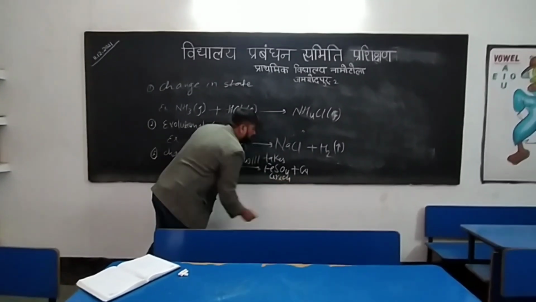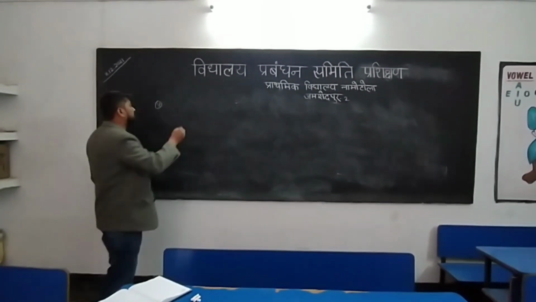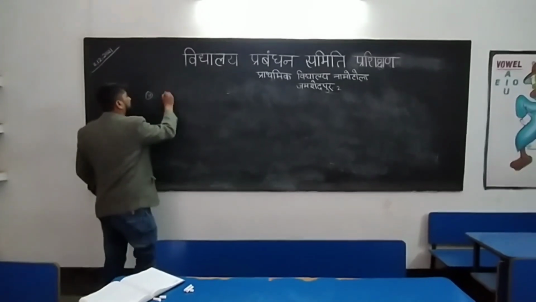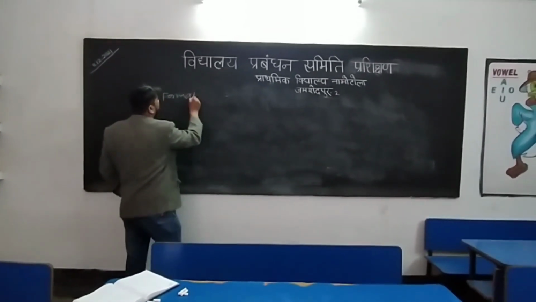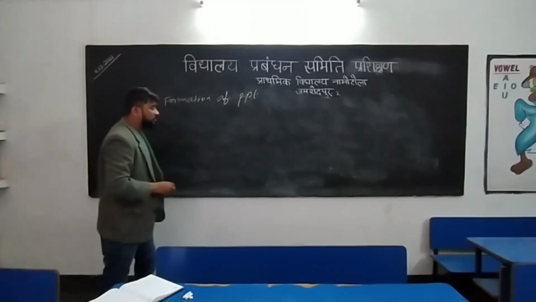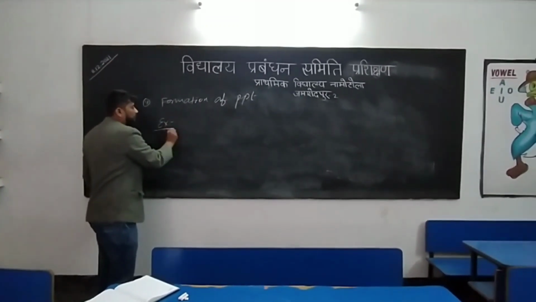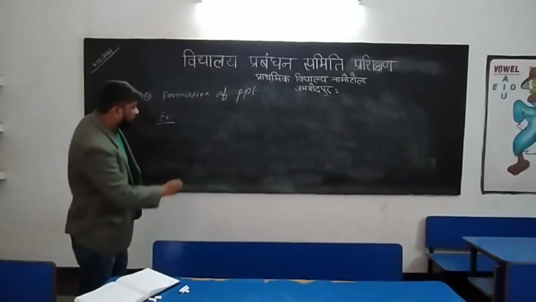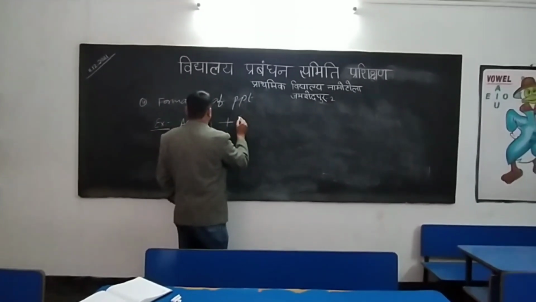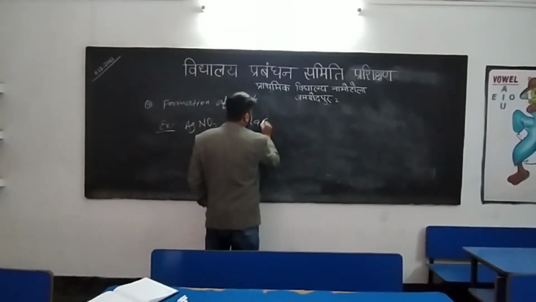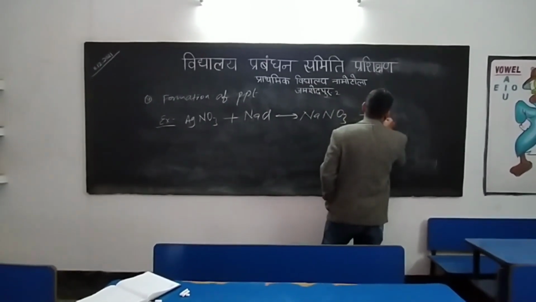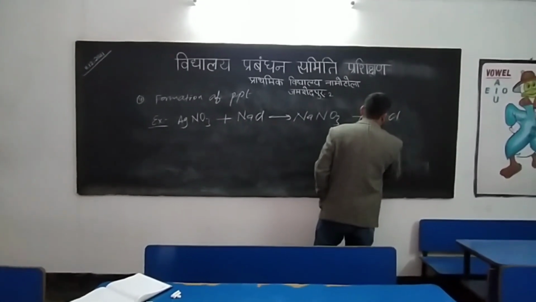So I can say that there are certain reactions which are accompanied by the formation of a precipitate. For example, when AgNO3 reacts with NaCl, it forms NaNO3 plus AgCl, which is a precipitate.